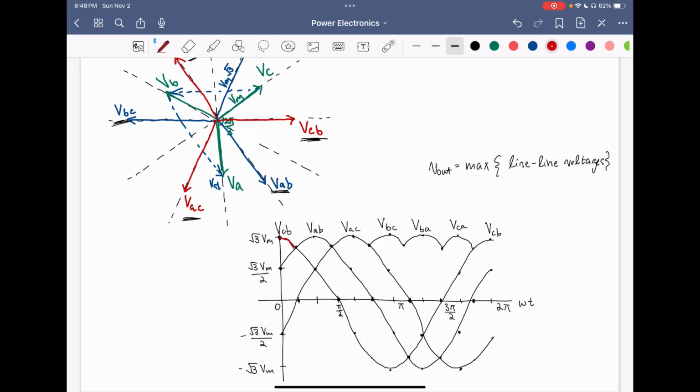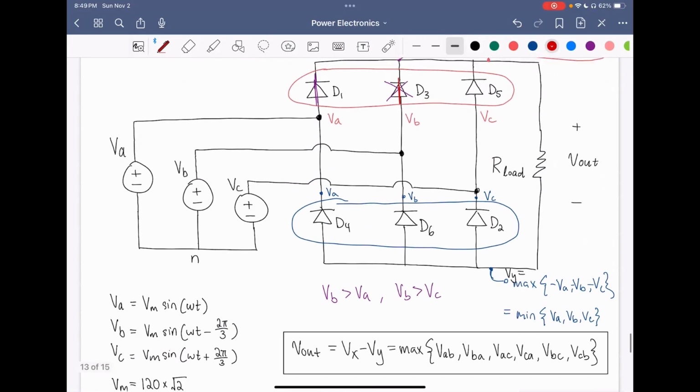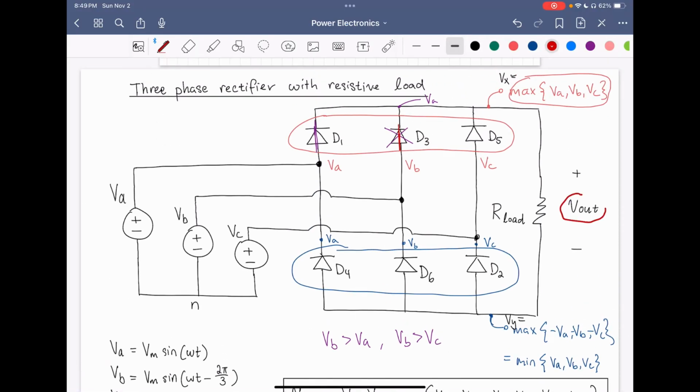So it's going to give us an output voltage waveform that looks like this. So this is our V out of omega t. So we figured out the output voltage waveform that this rectifier is going to give us, V out. It's picking out the maximum of the line-to-line voltages.